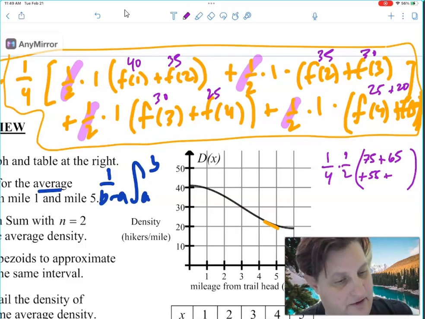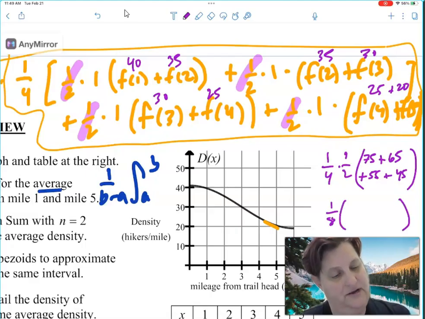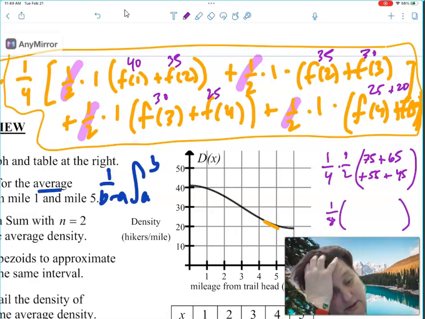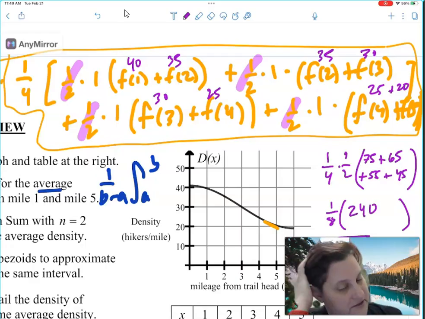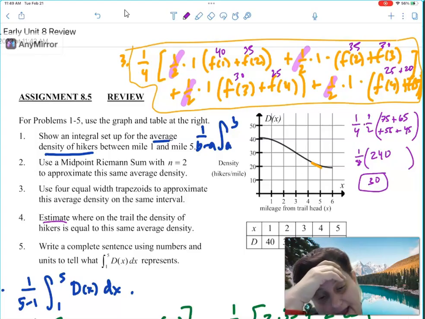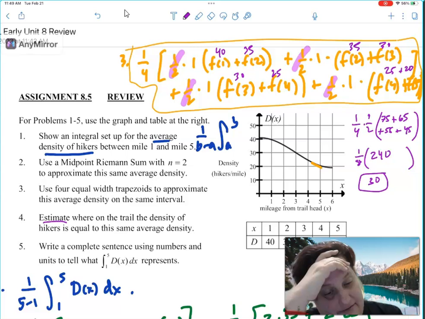And 25 and 20 gives 45. If I add those up, that's 110, 120, 140, 240, which gives me 30 as a density. So they are the same. Great. Estimate where the density of hikers on the trail is equal to the same average density.